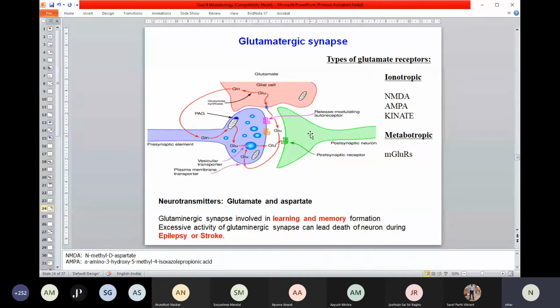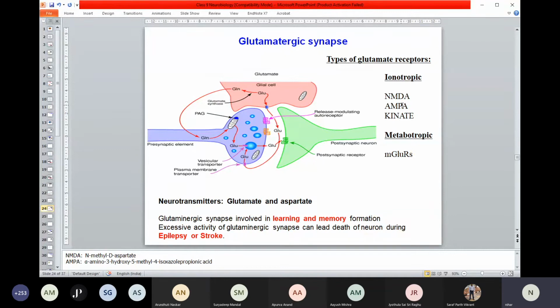Okay, so now the complexity is, if you think about the glutamate receptor, forget about aspartate. I'm considering only the glutamate receptor. Of course, they have an ionotropic type and a metabotropic type of receptor. And if you think of the ionotropic type, there are 3 different ionotropic types of receptor: NMDA, AMPA, and kainate, and that's why the complexity comes. The full name is written at the bottom.